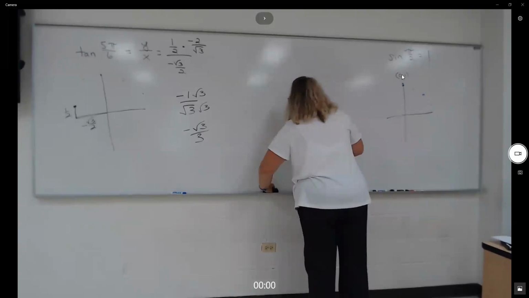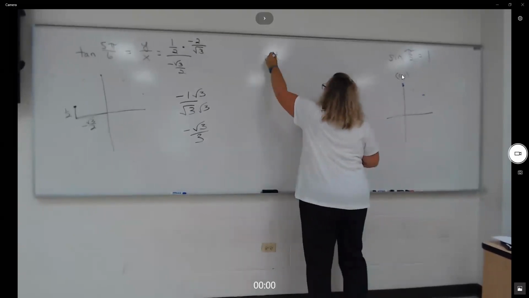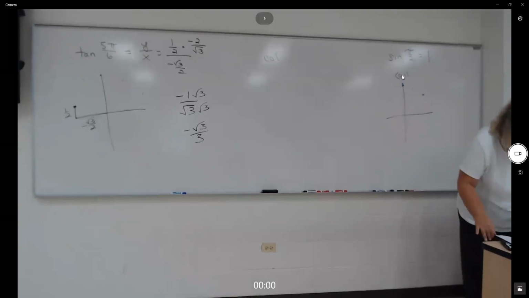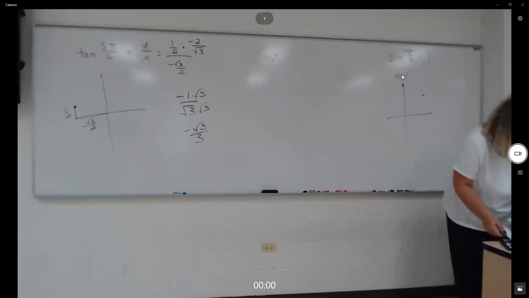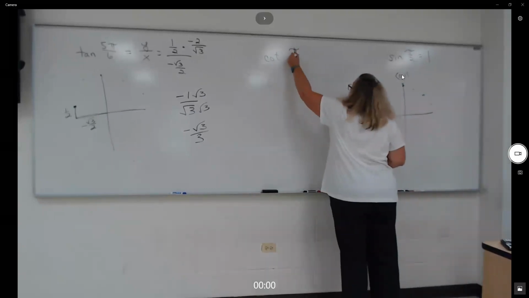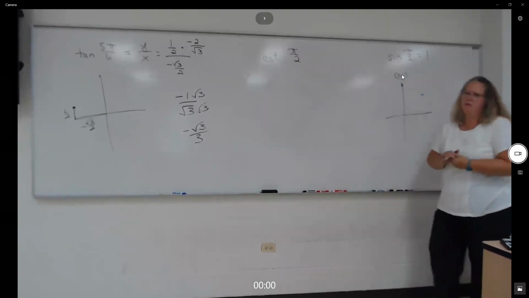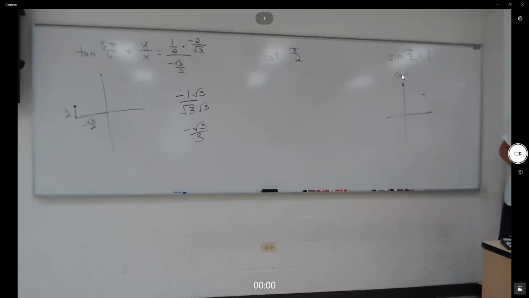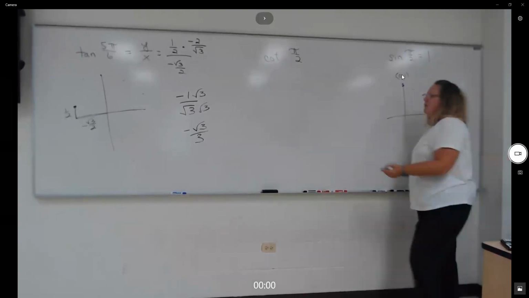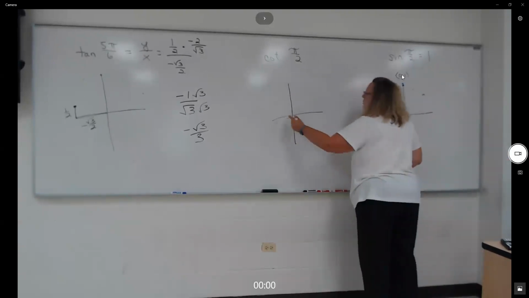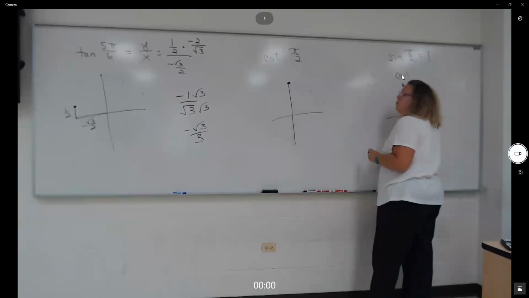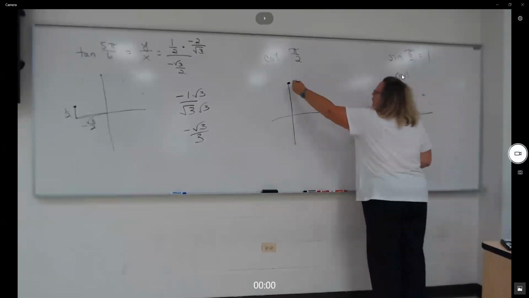How about cotangent of pi over 2. Does anyone remember the pi over 2? 1/6, 2/6, 3/6 is 1/2, or you could do 1/4, 2/4.